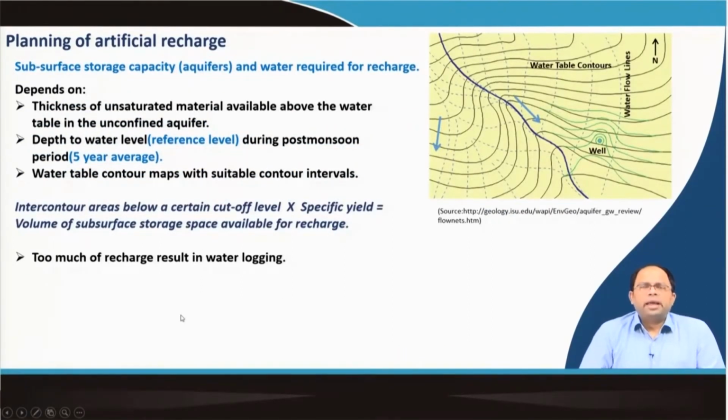Then comes the main thing, that is the subsurface. Is there subsurface storage capacity, and how much water is required for recharging that particular aquifer? As you understand, in this particular table, we have got these lines. These lines are contour lines, that you are already aware of, but these are contour lines for the groundwater table.